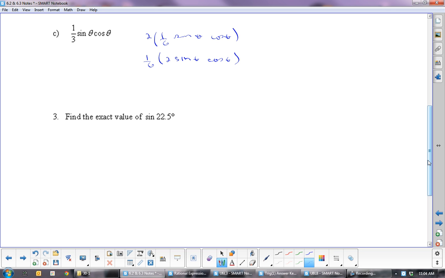And we know 2 sine theta cos theta is sine 2 theta. How did I just switch them? Because when you have these two multiplying, if it was 3 times 2, whatever, I can make that 2 times 3.